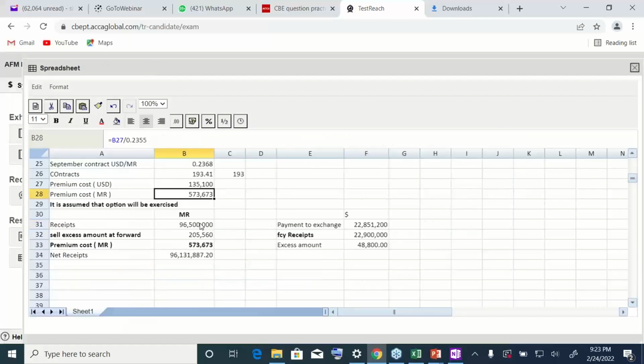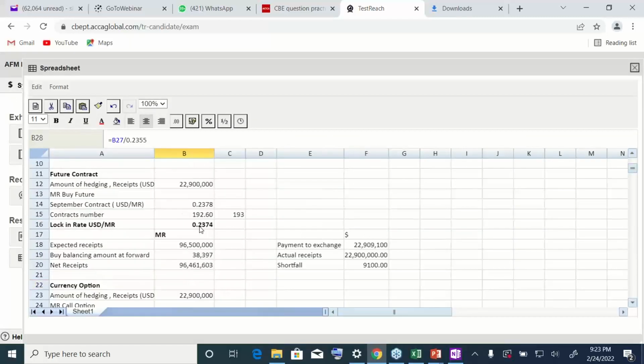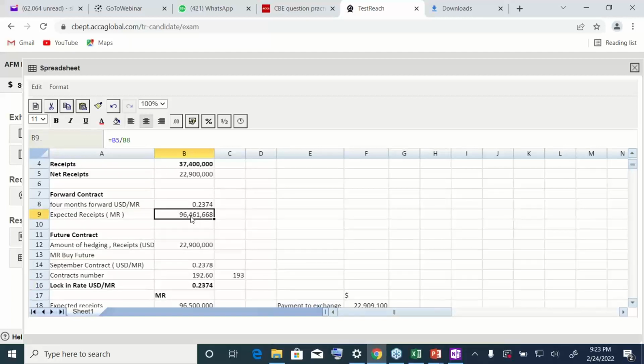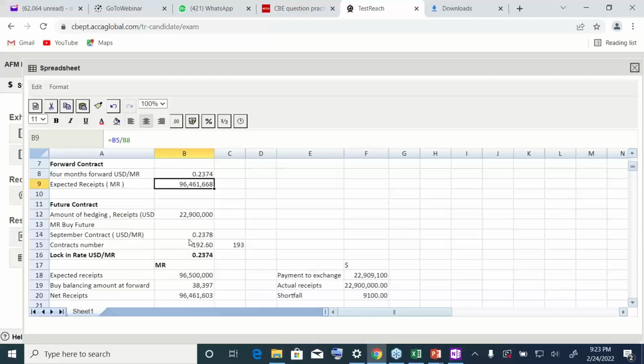Okay, guys, now let's discuss. Forward contract is 96.461 million, right? Future contract is 96.461 million 603. Which one is better? Forward contract is slightly better.